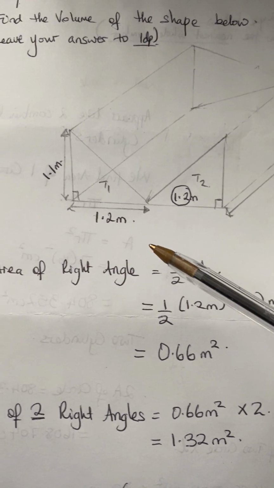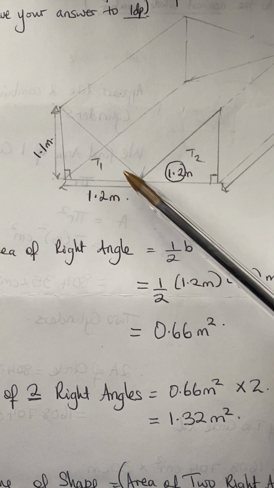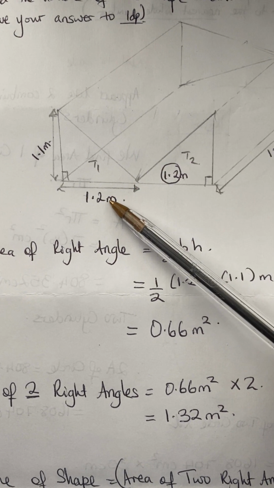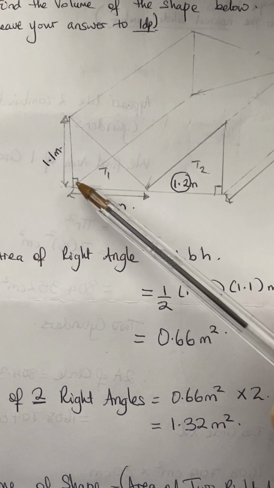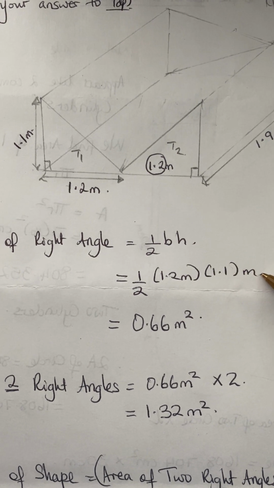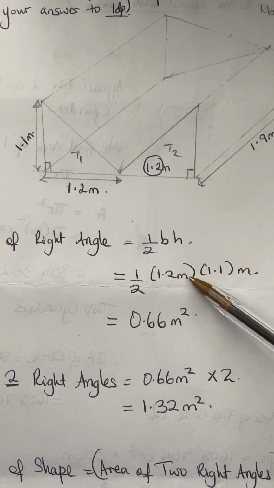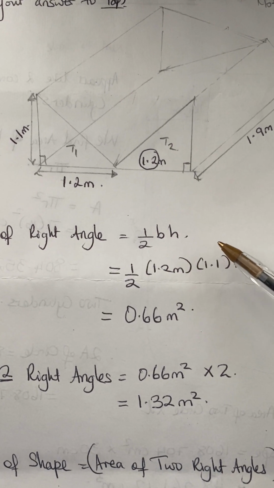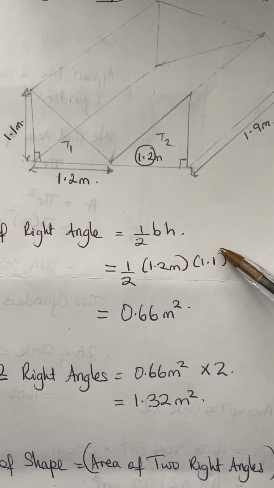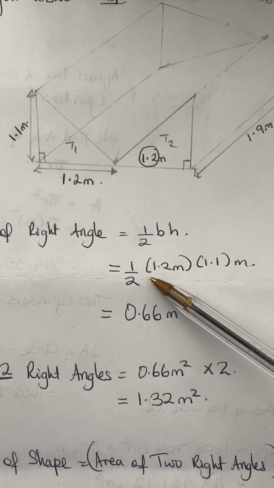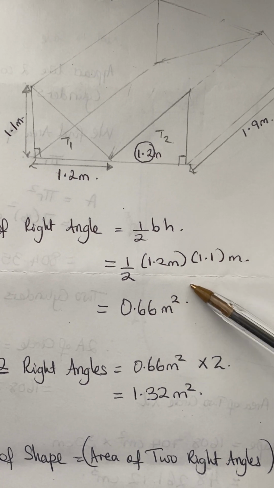Okay. So the area of the right angle triangle here, the first one, is half the base, 1.2 meters, times the height, 1.1 meters. If you do that correctly on the calculator, again, I keep on stressing the calculator because I assume you are using your scientific calculator, not the phone calculator, you should get 0.66 meters squared.